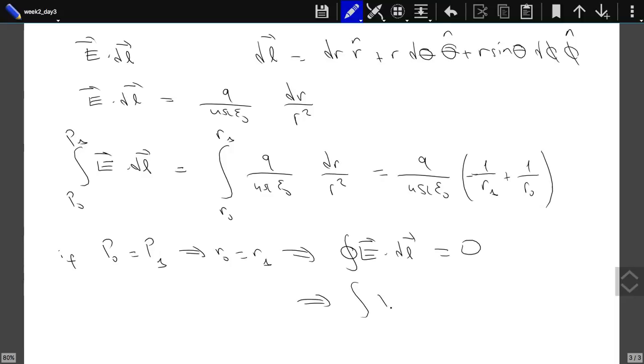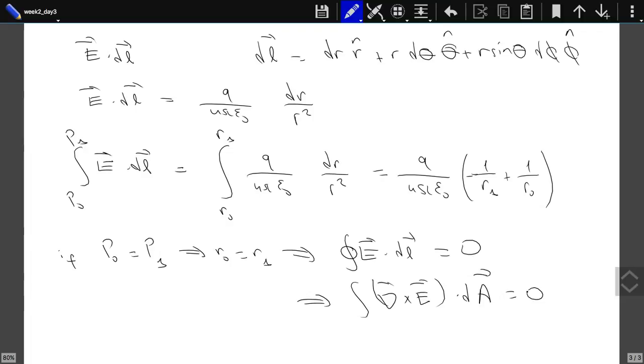Well, we know that this is equal to the curl of the electric field integrated over our area, which is equal to 0. This should be true for all areas because we didn't assume anything about P0, P1, or the path that connects the two.